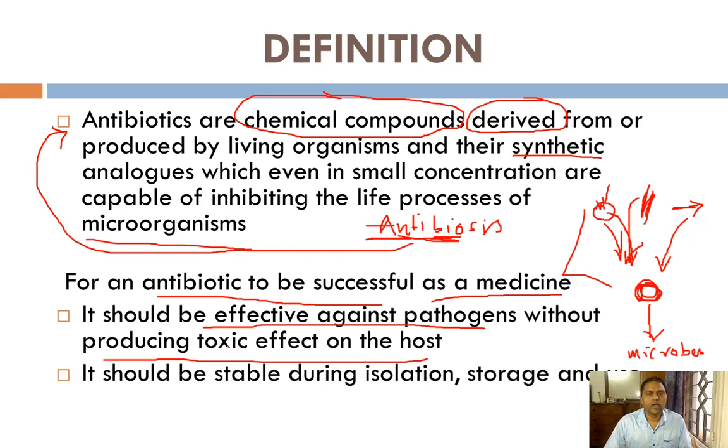Such antibiotics are successful, and those antibiotics should also be stable during isolation. Not all chemicals are stable, they can deform. The antibiotic we are talking about should be stable during isolation, meaning during their production, and during storage.